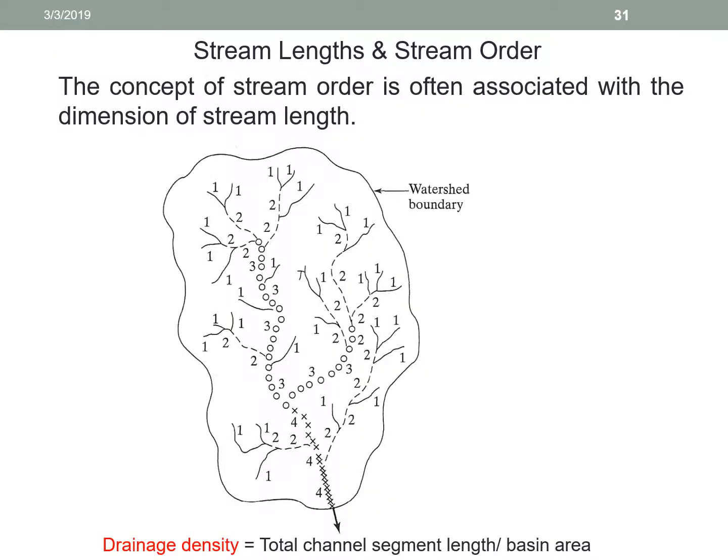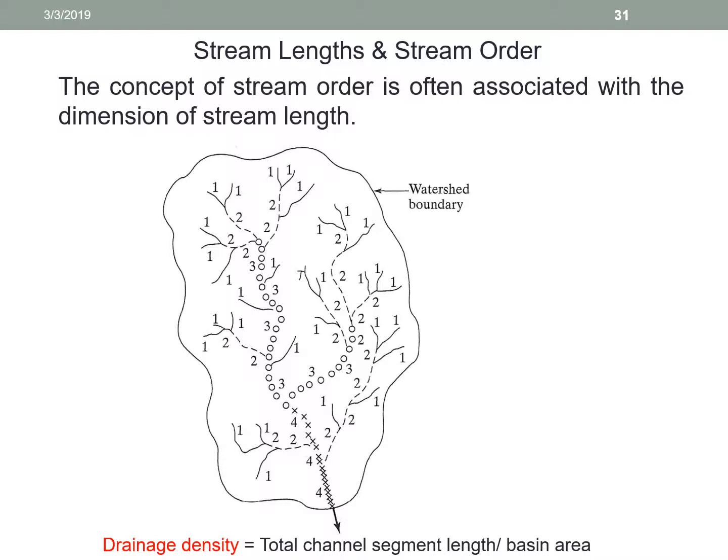Stream length and stream order. The concept of stream order is often associated with the dimensions of stream length, as you see here. Starting branches will be 1. So two branches of 1 and 1 will come to 2, and two of 2 together will be 3. And 3, as you see, goes down.